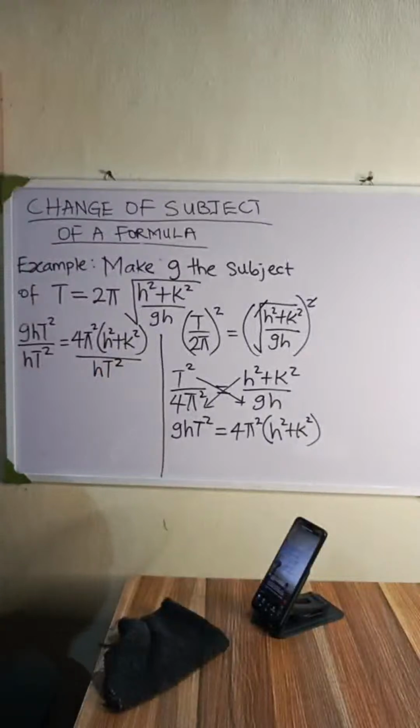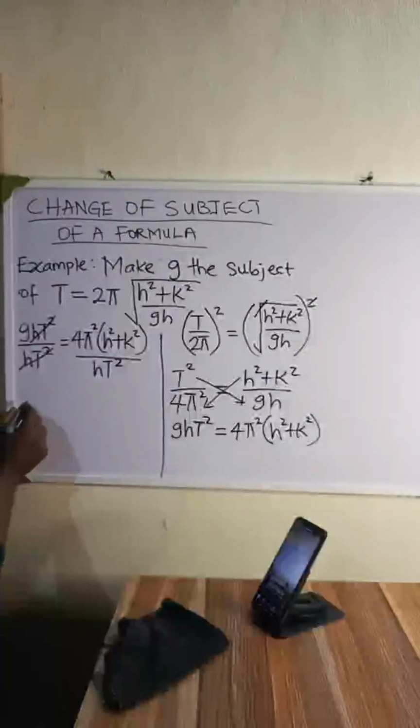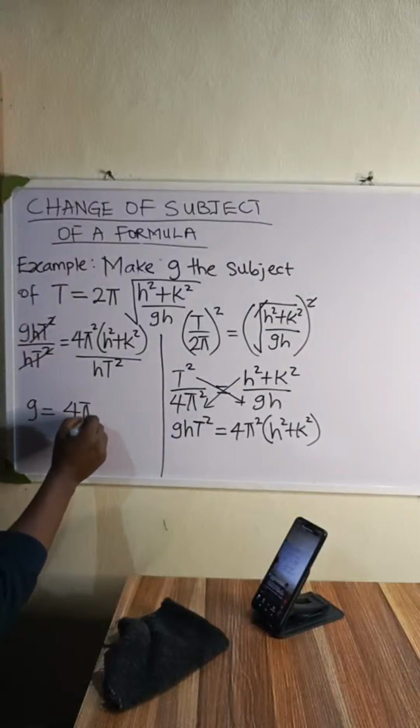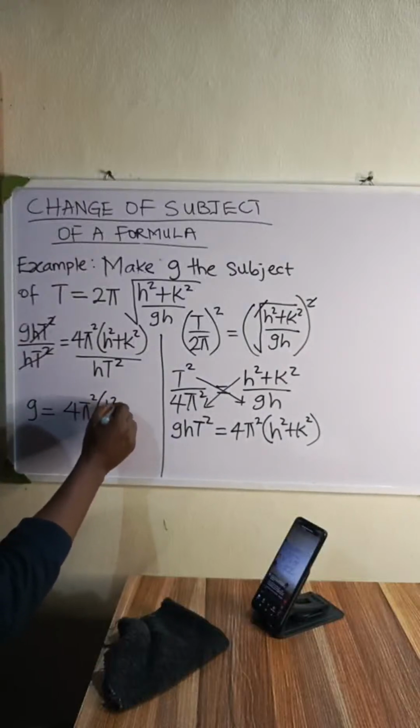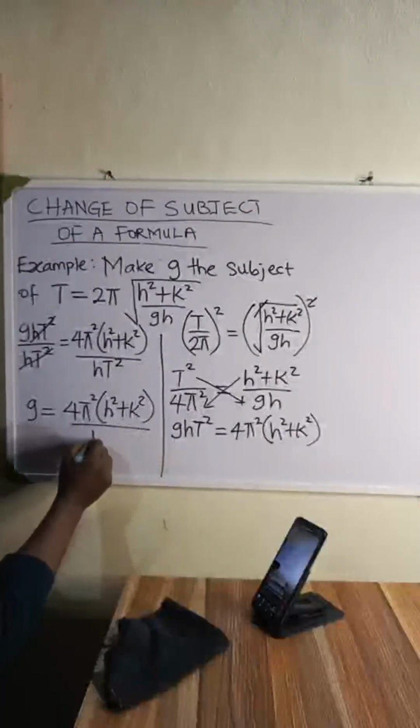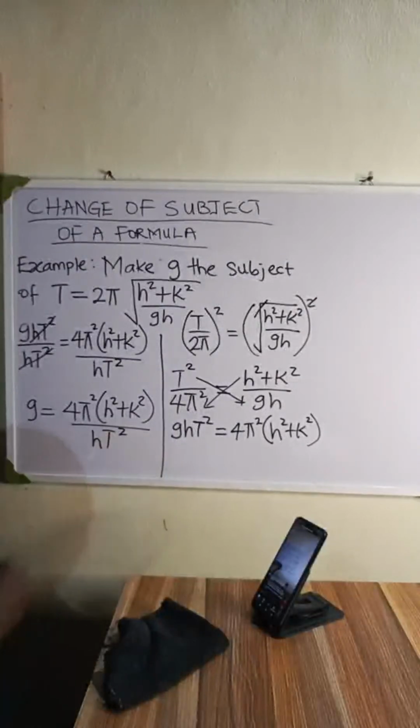At this point, this is going to cancel out with this. We're going to have g is equal to 4 pi squared (h squared plus k squared) all over ht squared.